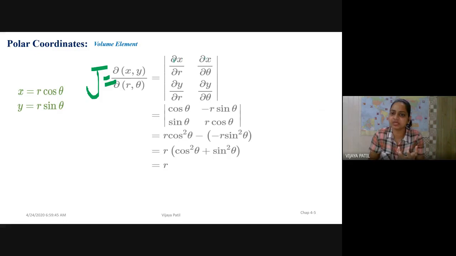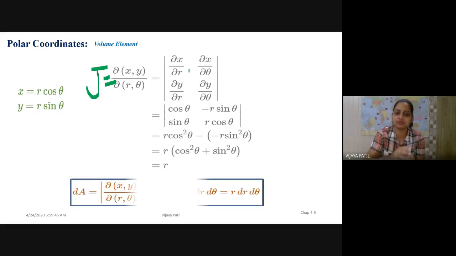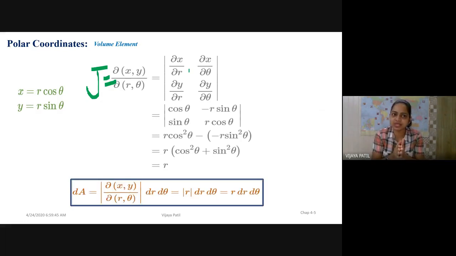That means this is with respect to x first and with respect to both the variables. Similarly, this is for y. You can easily calculate, this is nothing but cos theta and all. After finding out this determinant, we are going to get r, and therefore the volume element for the polar coordinates is dA, which is nothing but the Jacobian into dr d theta.